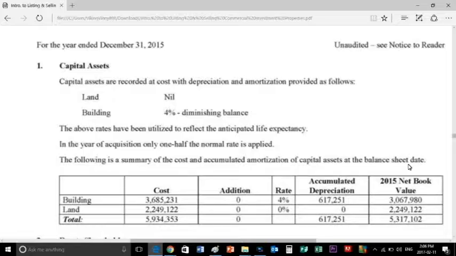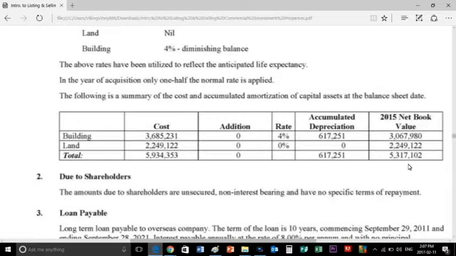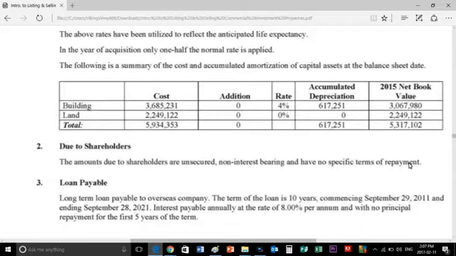The land is nil, the building is 4% diminishing balance. The above rates have been utilized to reflect the anticipated life expectancy. In the year of acquisition, only 1/2 the normal rate is applied. The following is a summary of the costs and accumulated amortization of capital assets at the balance sheet date.